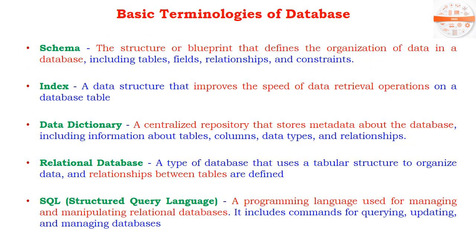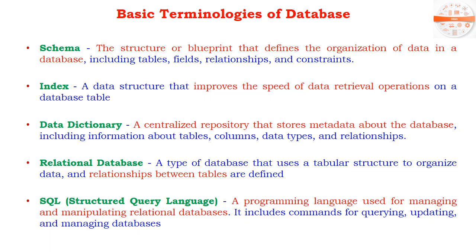And the next one is schema. What is a schema? A structure or blueprint that defines the organization of the data in the database, including tables, fields, relationships, and constraints. And index, a data structure that improves the speed of data retrieval operations on the database table.